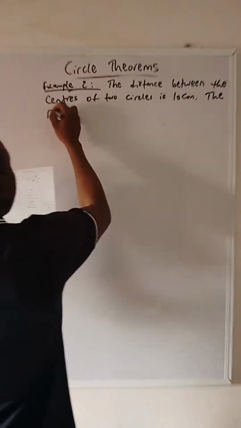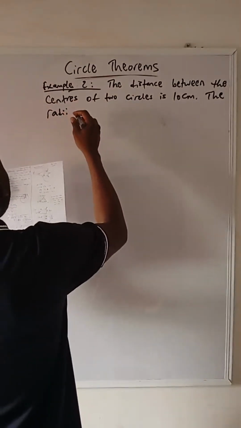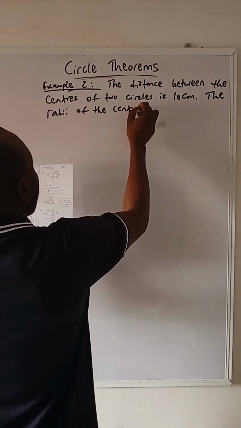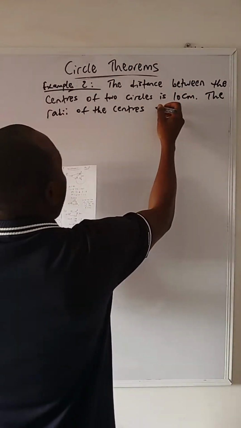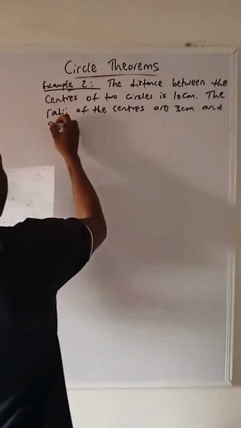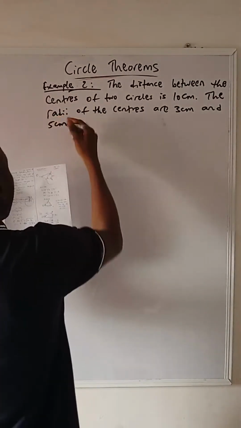The radii of the circles are 3 centimeters and 5 centimeters.